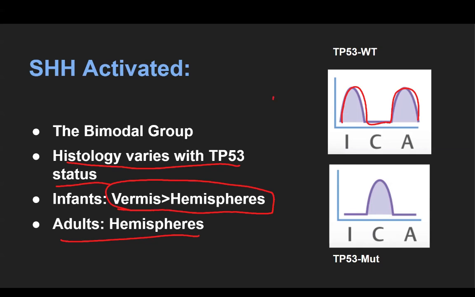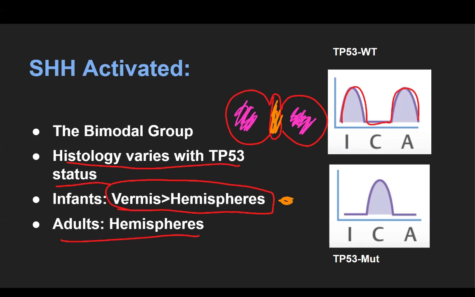I'm just going to draw a very cute butterfly, and you're going to imagine that this is a cerebellum, the midline being the vermis. The infantile variant is represented by this orange color. This favors the vermis, whereas the adult hemispheric variant is represented by this pink.